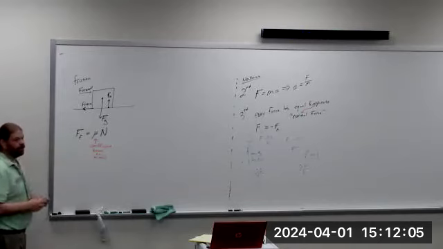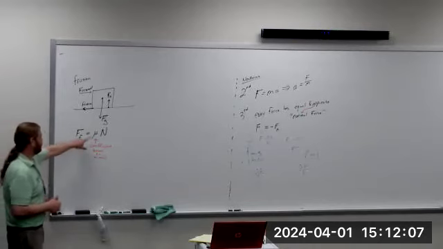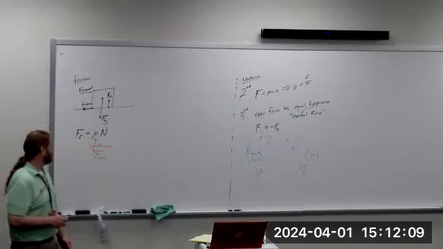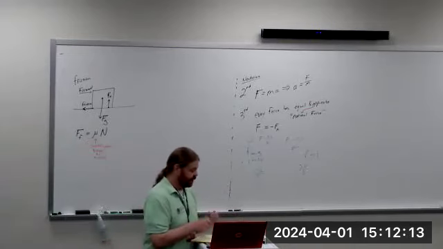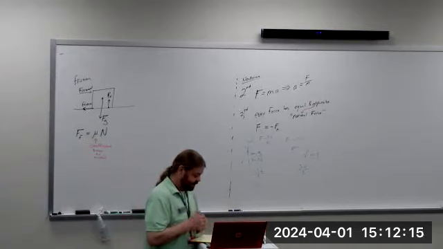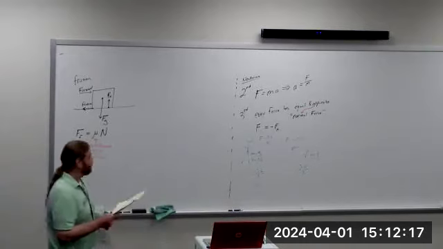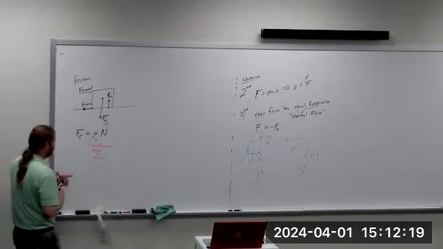So mu, the Greek letter mu. It's the coefficient of friction is what it's actually called. Coefficient of static friction. It gets a lot more complicated, but this is based on the material.